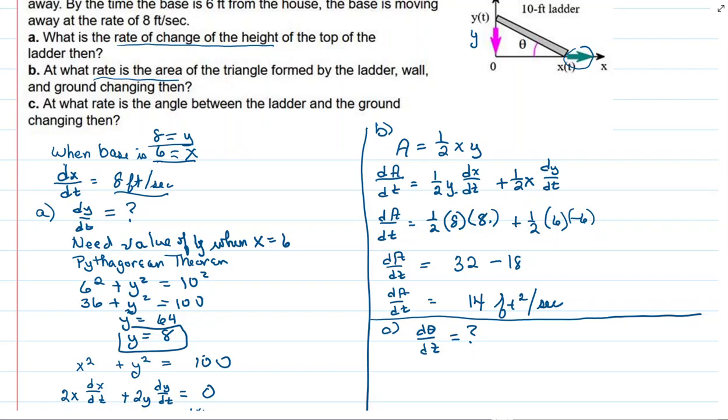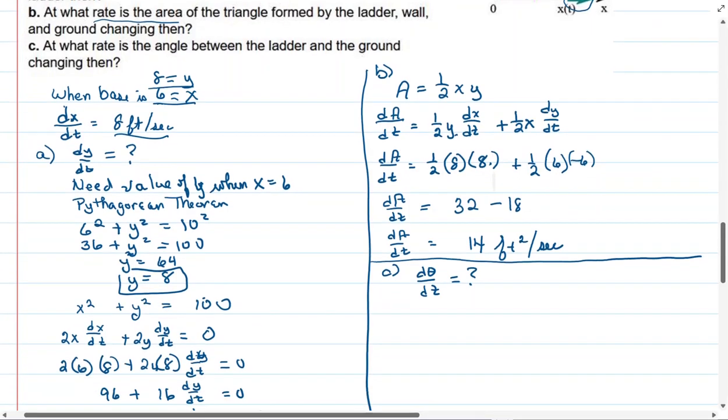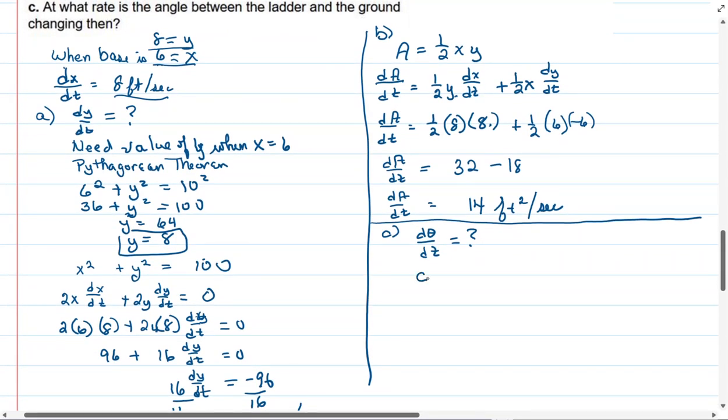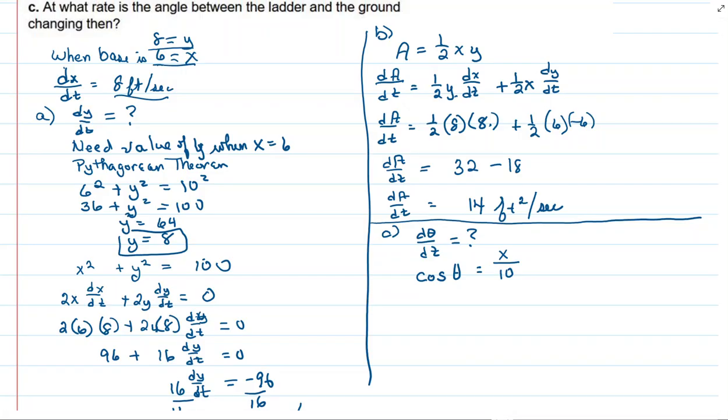So we're going to use cosine of theta equal to x over, what is it? What's the ladder? 10, right? Yeah. Cosine theta is adjacent over hypotenuse.